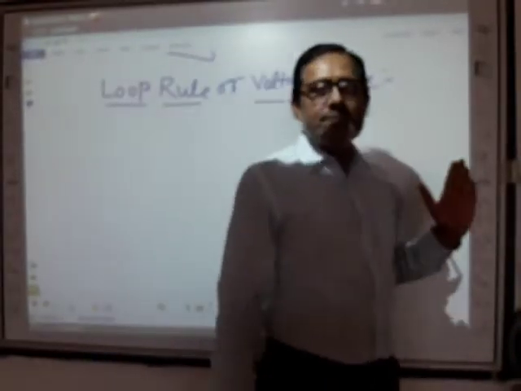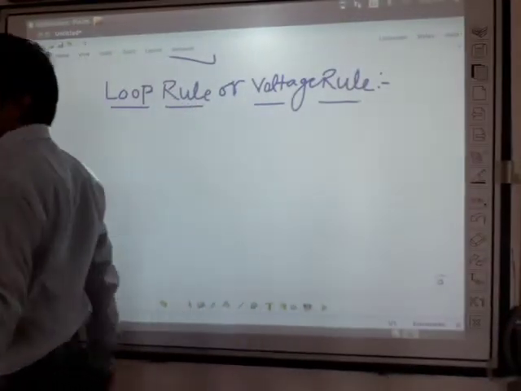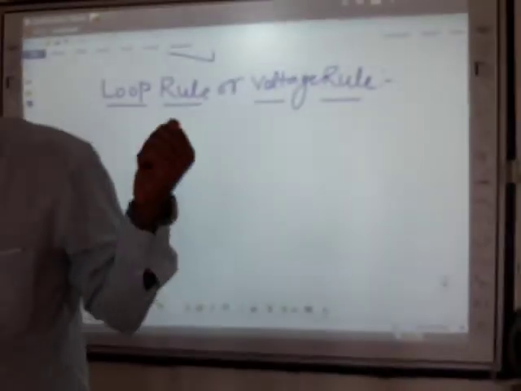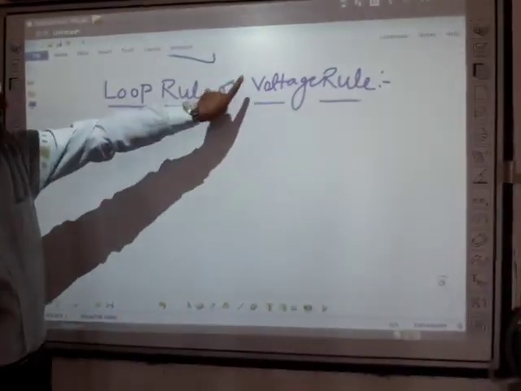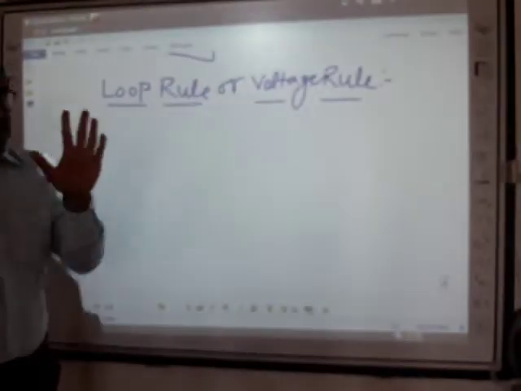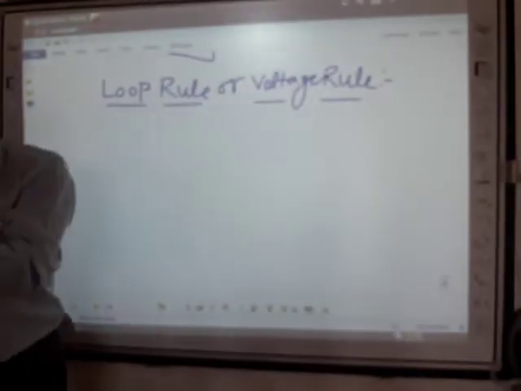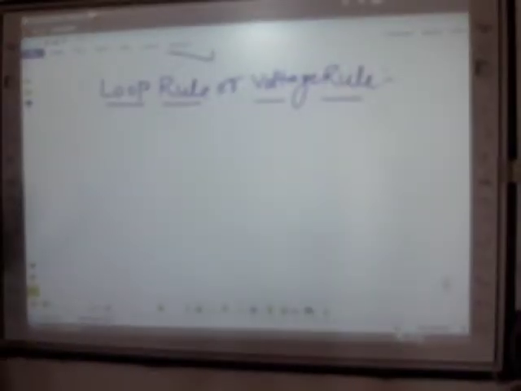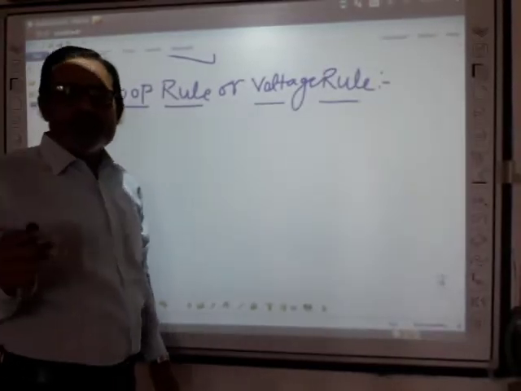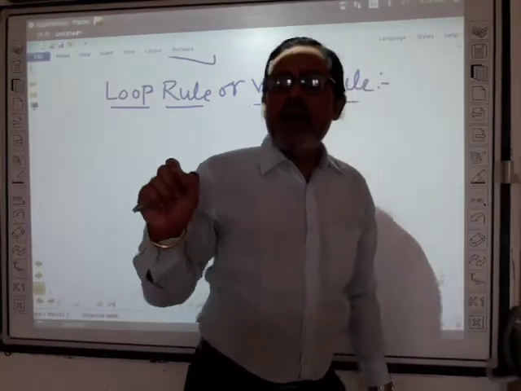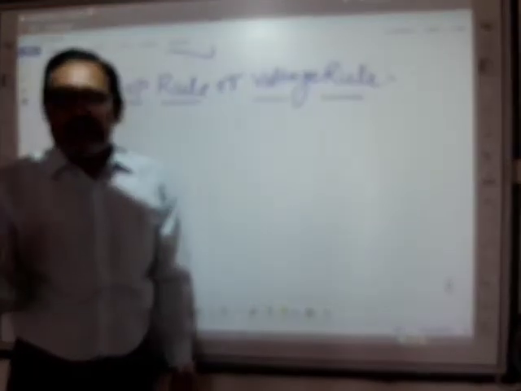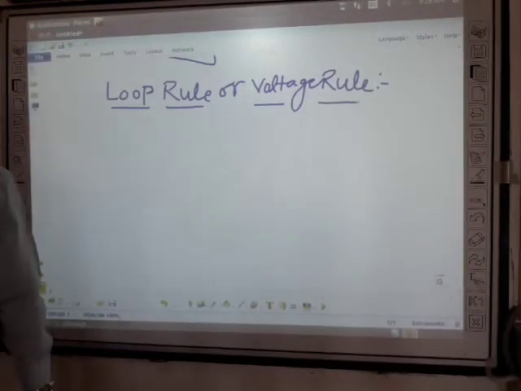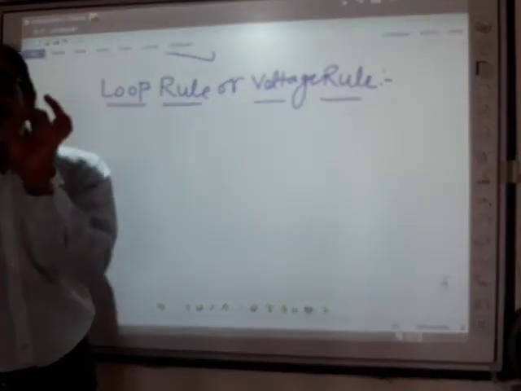This is the first question. In this law, what does Kirchhoff say? Listen very carefully: the product of current and resistance in any closed network, or closed circuit, or closed mesh, remains constant.